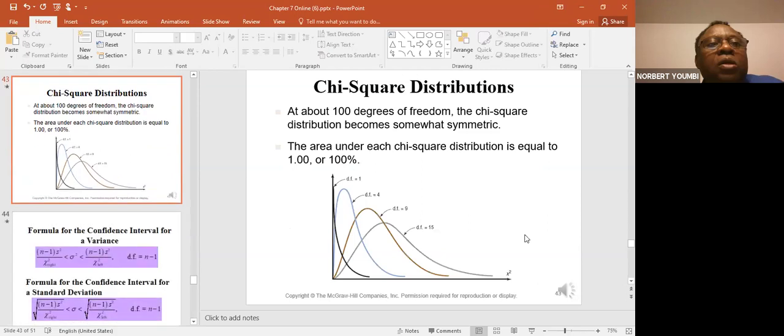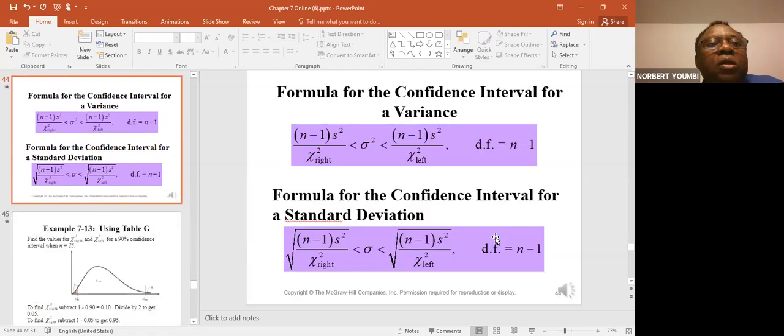So as you can see, these are several chi-square distributions for some degrees of freedom. The distribution is skewed to the right, but as the sample size increases, it tends to become a normal distribution. So this is the formula for the confidence interval for the variance.